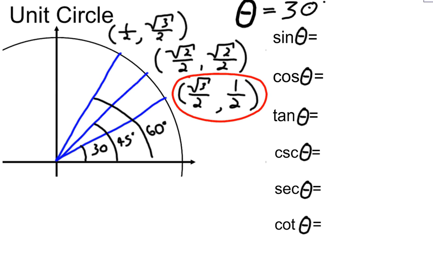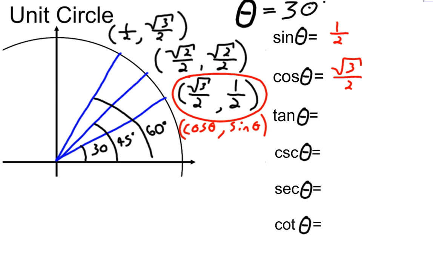Remember that on the unit circle, my x corresponds to the cosine of theta, and my y corresponds to the sine of theta. These will directly tell me that my sine of theta is 1/2 for 30 degrees. Cosine of theta is the square root of 3 over 2.